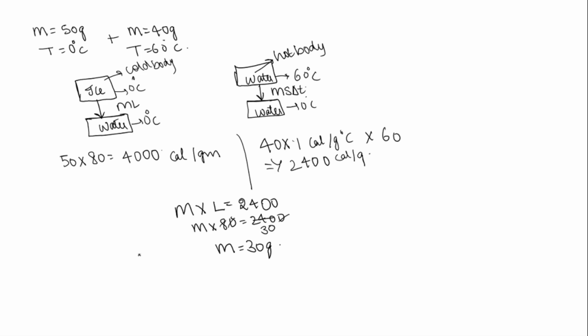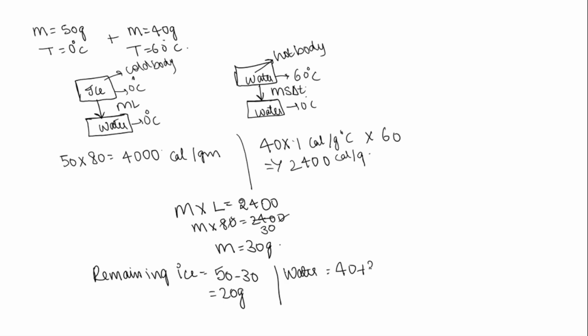So the remaining ice is equal to, initially 50 grams of ice was there. Now 30 grams of it got converted into water. So 50 minus 30 is equal to 20 grams of ice left. Now the remaining water: initially 40 grams of water was there, and now 30 grams of ice got converted into water.